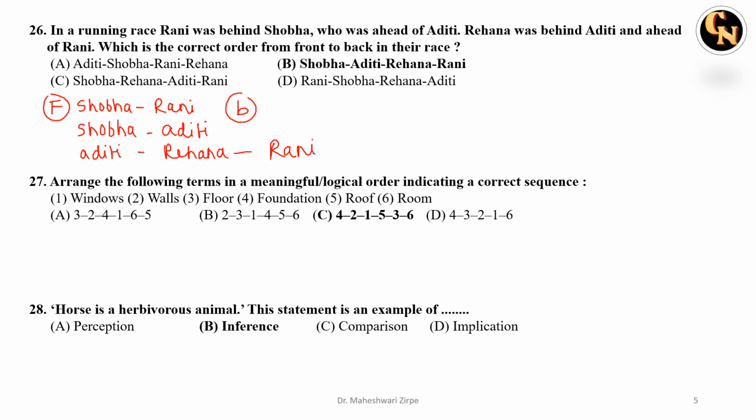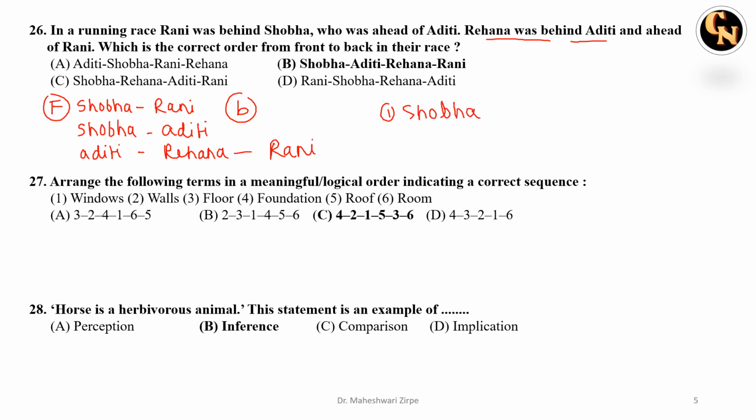This way we get the correct order from front to back in the race. So we have to write down the correct sequence. First one will always be Shobha, because we have seen in the first sentence Shobha is ahead of Rani.